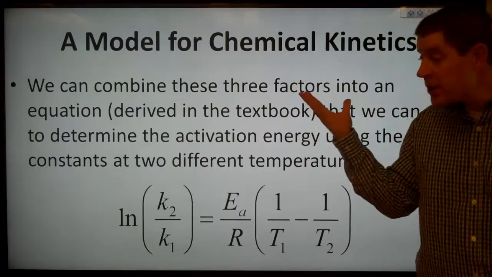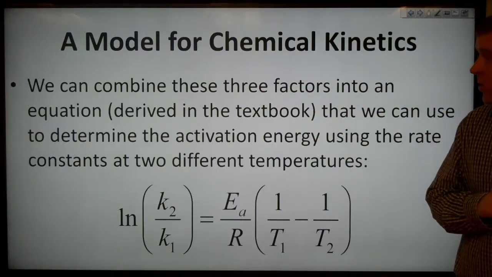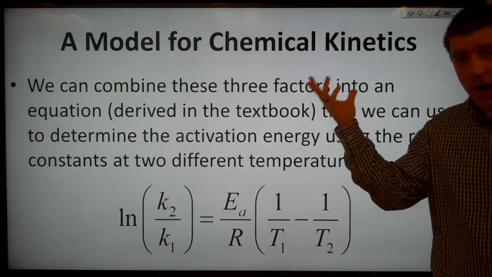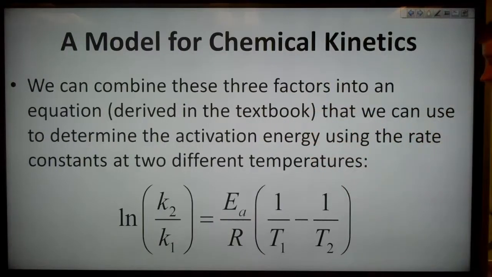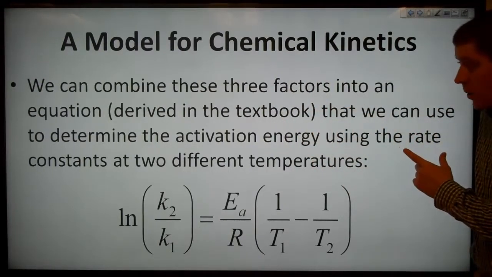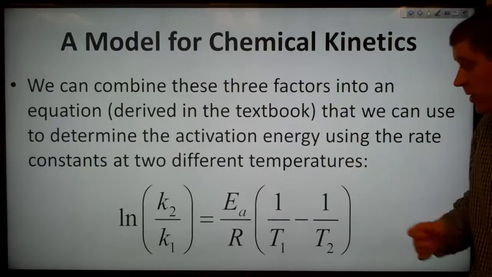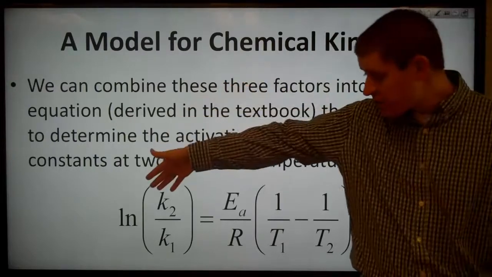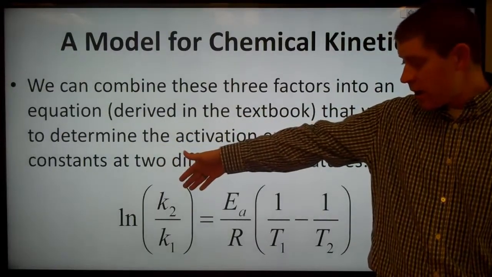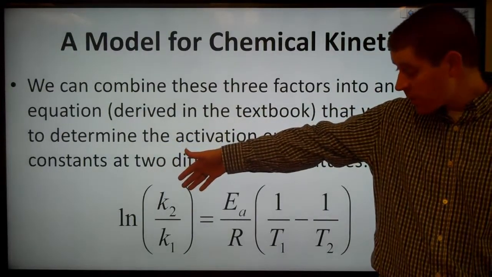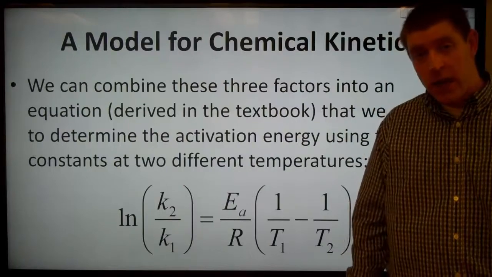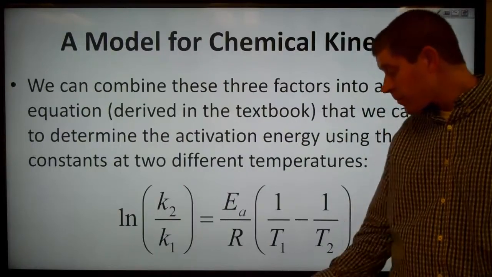So we can combine these three factors together into an equation. Note that it's derived in the Zumdahl textbook. I'm not going to derive it here. We can use this equation to determine the activation energy using the rate constants at two different temperatures. So we have the natural log of the rate constant at some temperature, K2, divided by the rate constant at some other temperature, K1.